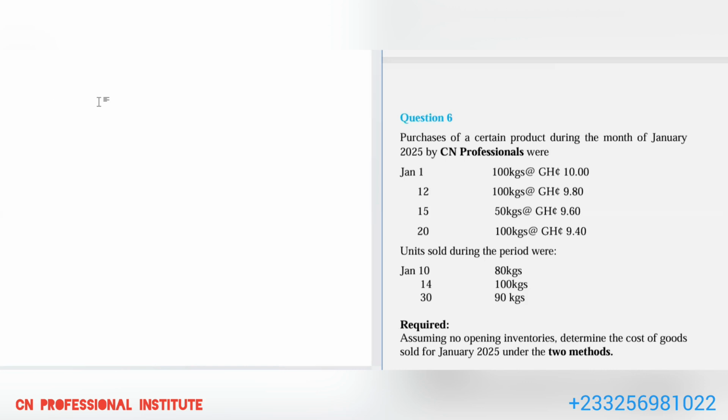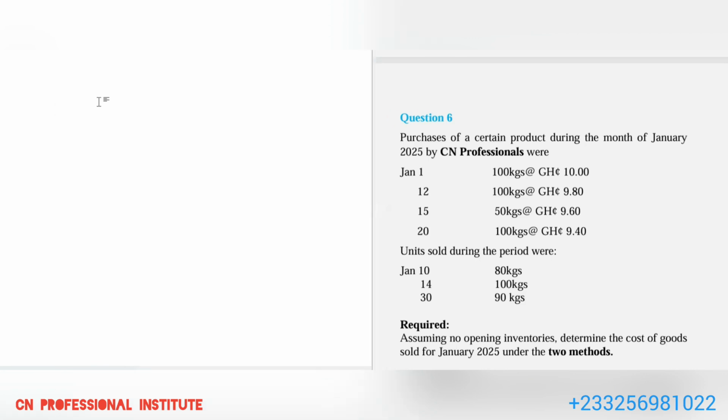If we want to sell our inventory, we sell those that we have purchased first, and then we later go to those that are purchased or produced later.